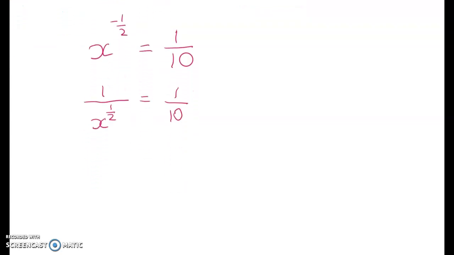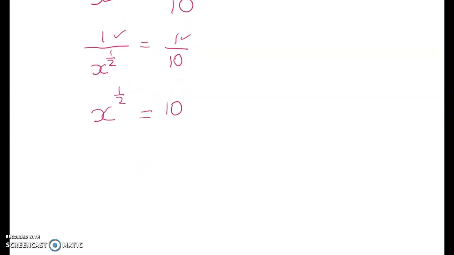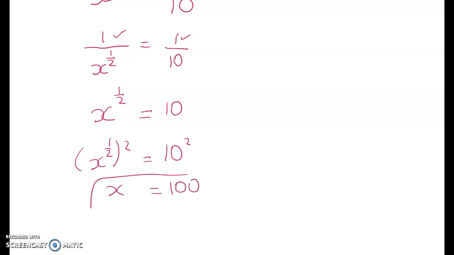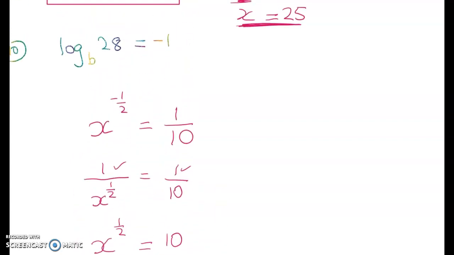So matching up the denominators, because I've already matched up my numerators, gives me a simpler equation, which is x to the power of 1/2 is equal to 10. And again, I do the same thing to both sides of the equation. I square both sides, and that gives me x is equal to 100. Okay, so there's my answer to that one.